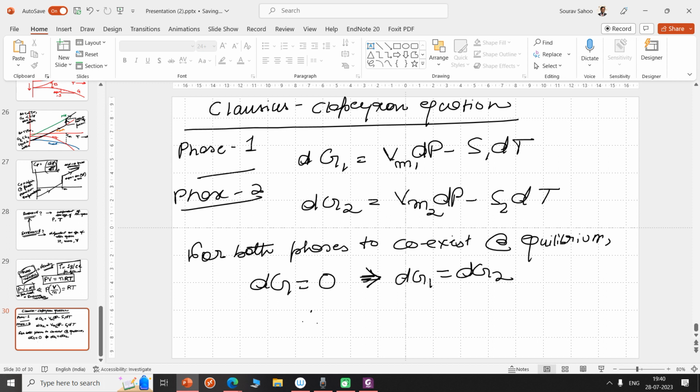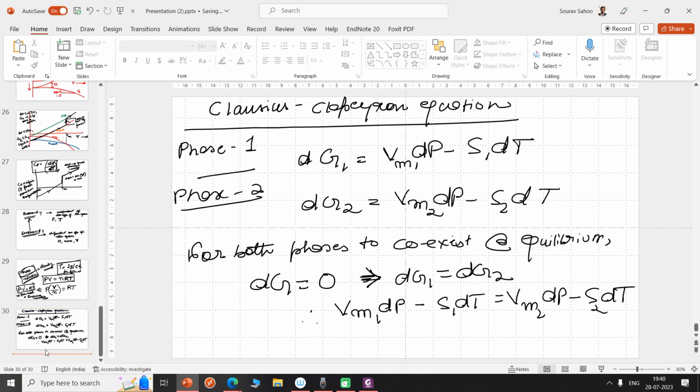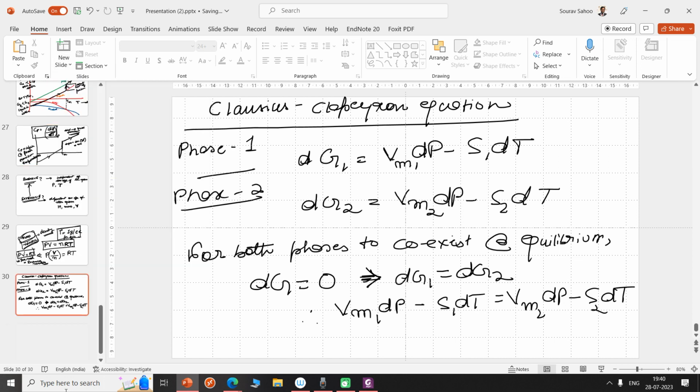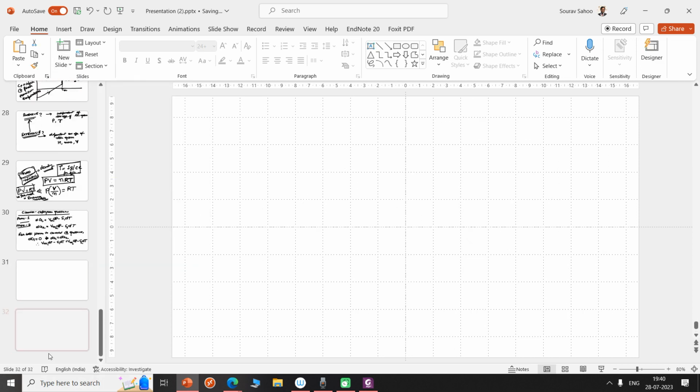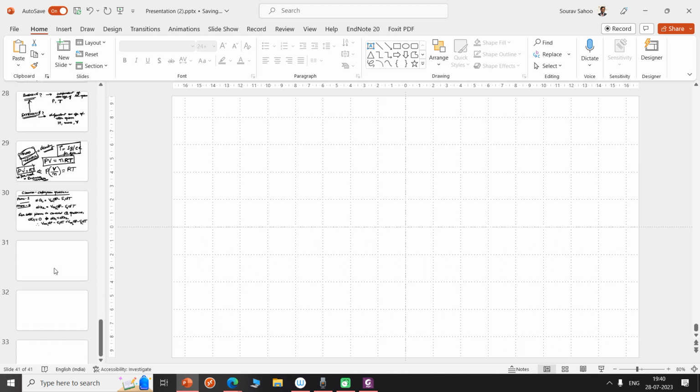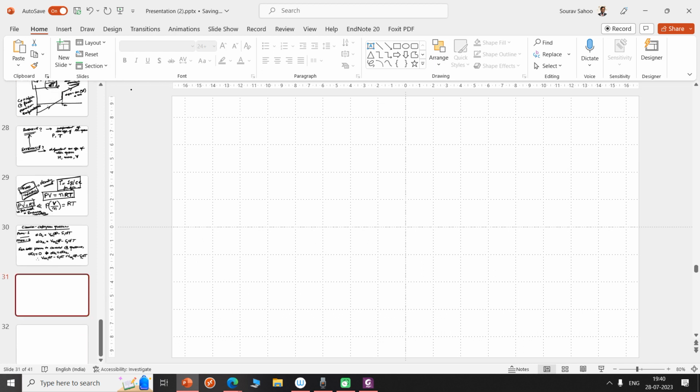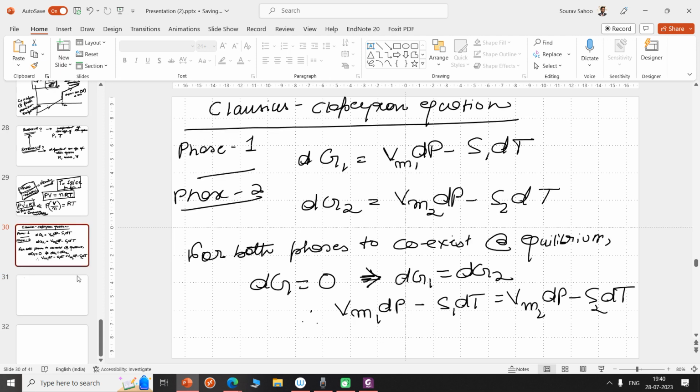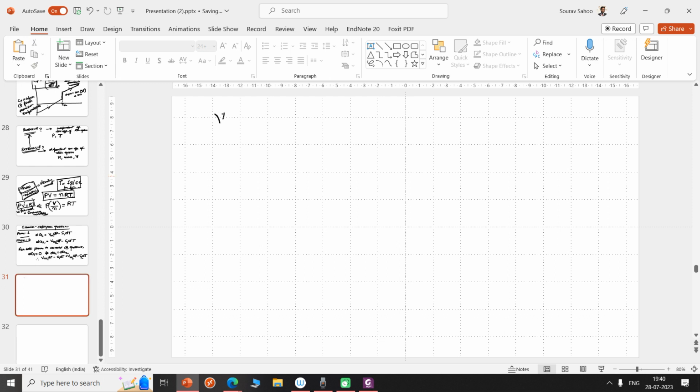Therefore Vm1 dP minus S1 dT is equal to Vm2 dP minus S2 dT, which gives me, if I club them on one side, the dP and dT on this side, Vm1 dP minus S1 dT is equal to Vm2 dP minus S2 dT.